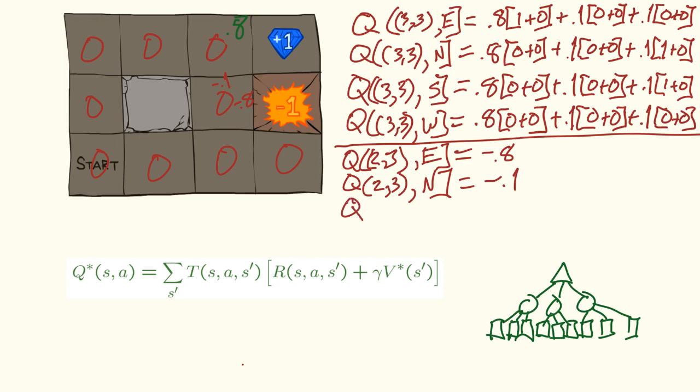And Q of 2, 3 going south is also equal to -0.1 for the same reason.